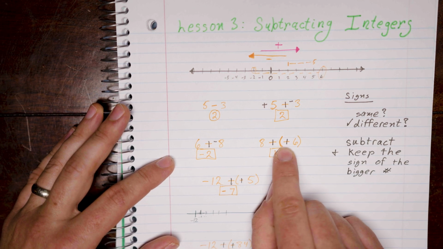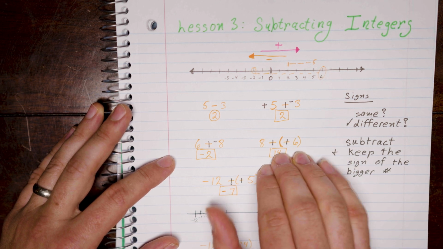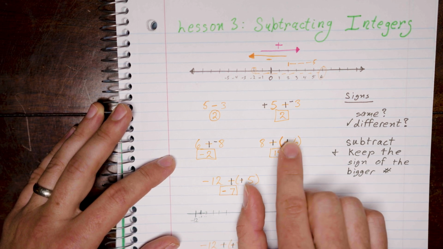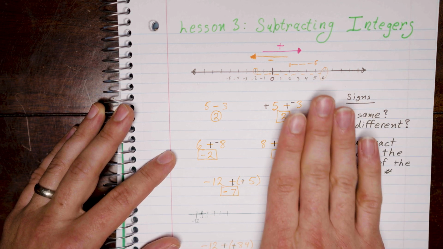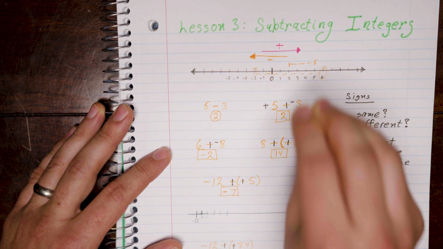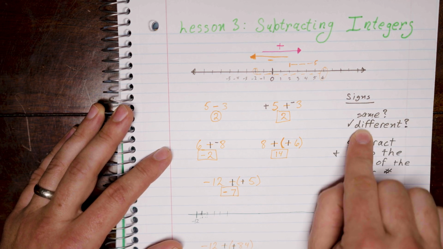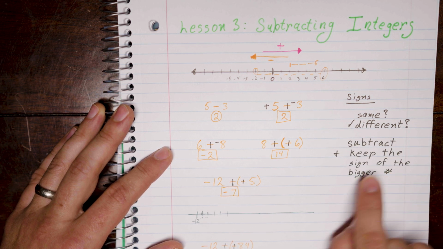Or if it's two minuses, we ka-chink those, right? So if you just get into the habit of anytime there's a minus in the middle, ka-chink, either one works. And that really is going to help us understand the same sign or different sign. Once we know that, then we follow our rules. And if the signs are different, then we subtract and we keep the sign of the bigger number.